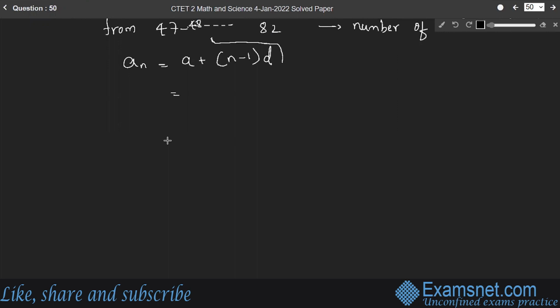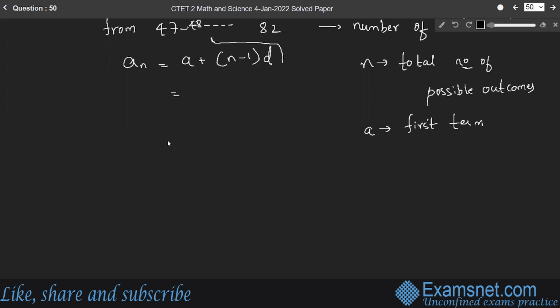That means difference is 1. n implies total number of possible outcomes, whereas a is the first term, that is 47, and an is the number of cards. Therefore, an is equal to a plus n minus 1 into d.